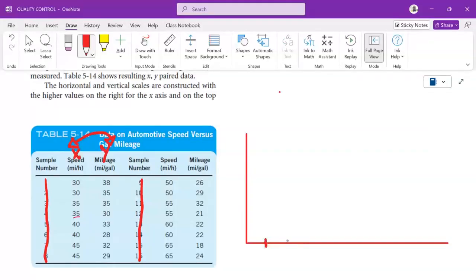30, 35, 40, 45, 50, 55, 60, 65. Then temperature goes all the way to, it looks like it's starting around about 18.